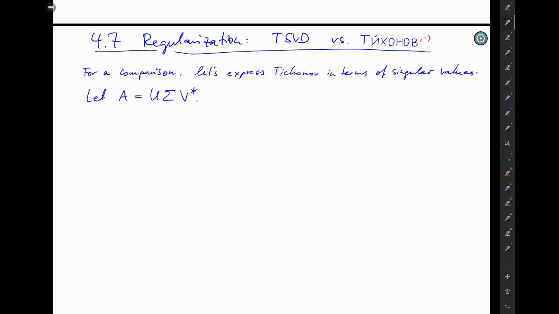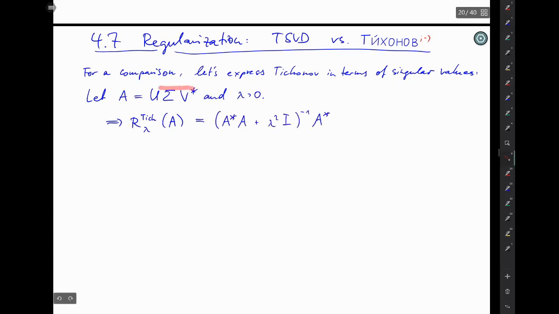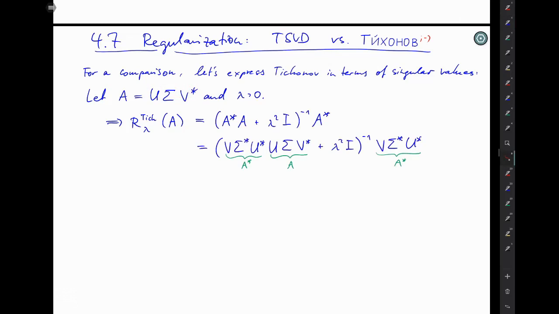Suppose you have a singular value decomposition of A, and then let's see what the Tichonov solution operator for A looks like. Actually, we also need a little lambda. Okay, and then let's plug in the Tichonov formula, and substitute U sigma V star wherever you see A. And then that's what you get.